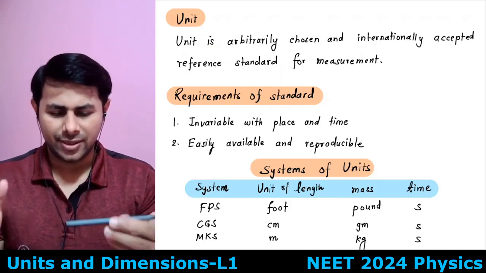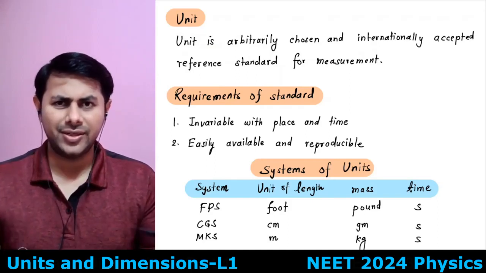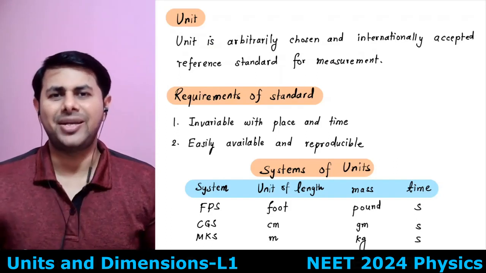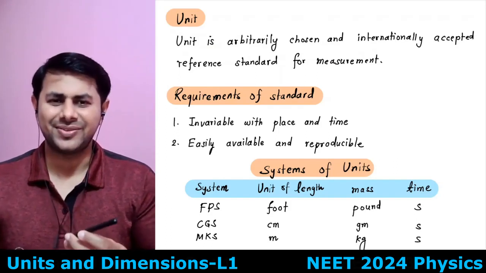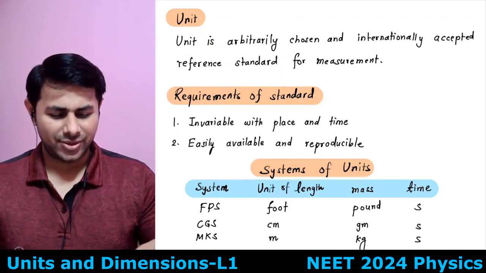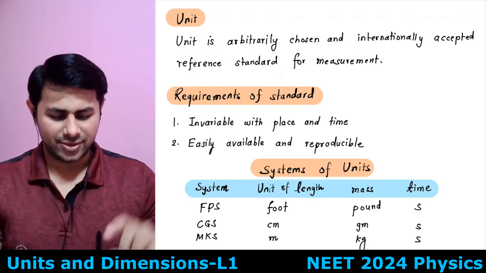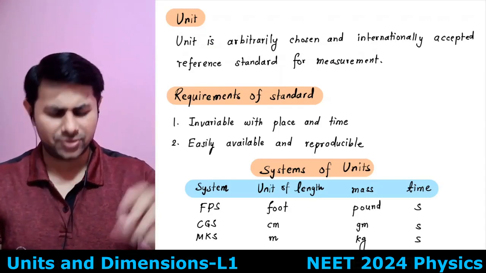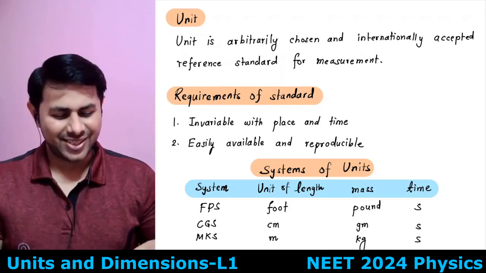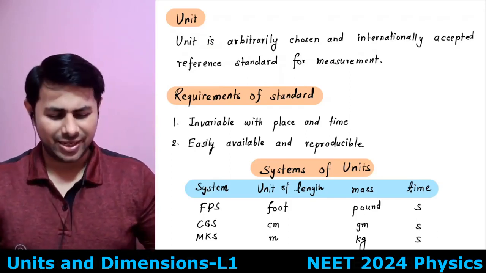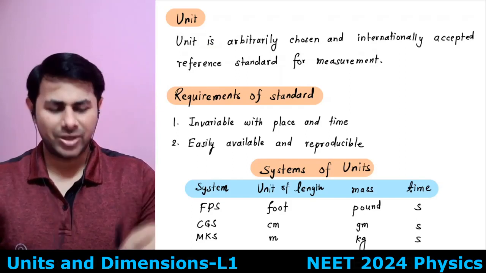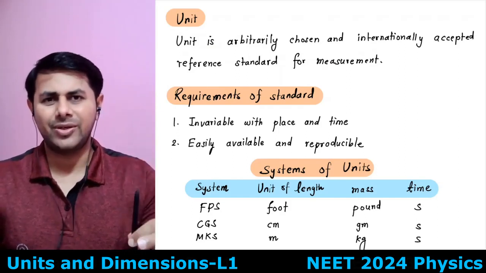So you need some reference. Let's say I take my pen as my reference. If I keep pens one on top of each other, say 22 pens or something, it is equal to my height.